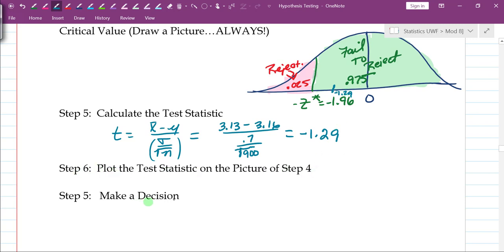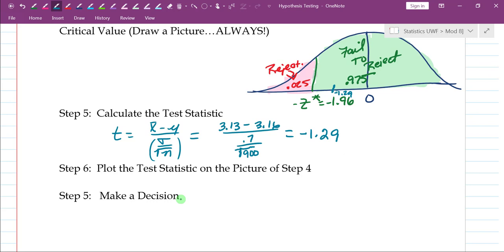So my decision is going to be that I fail to reject the null hypothesis, okay? Doesn't mean I accept the null hypothesis, it simply says I fail to reject it. I don't have enough statistical evidence at this alpha level with this particular current sample to conclude that I can reject the null hypothesis. So all I put down is I fail to reject my null hypothesis.